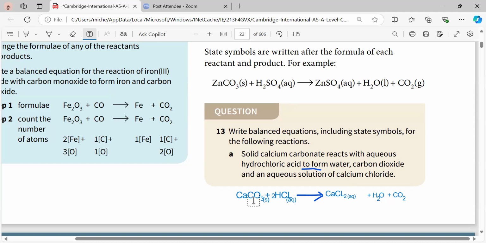So calcium carbonate plus 2HCl equals CaCl2 plus water plus carbon dioxide. Okay, I almost forgot to include L here. And yes, here. Okay, so it has been completed.